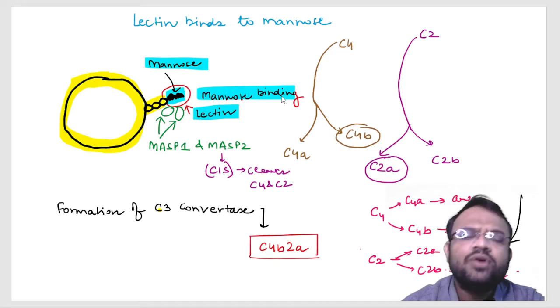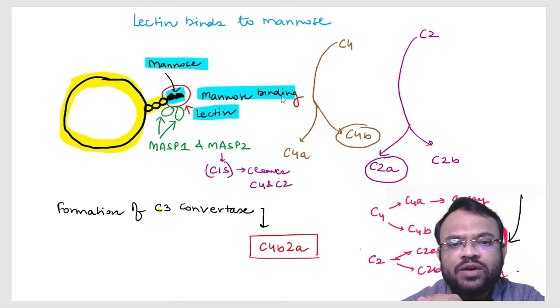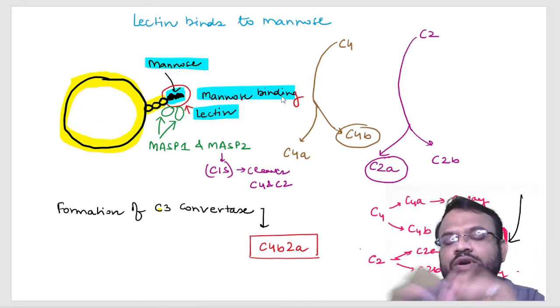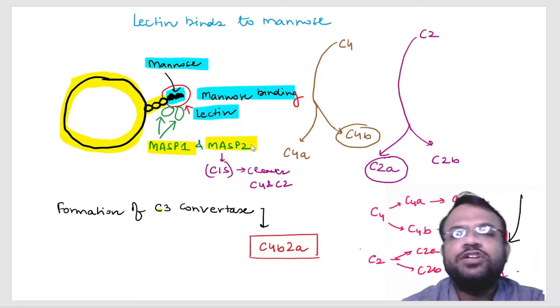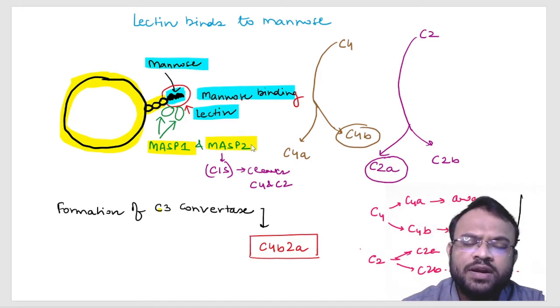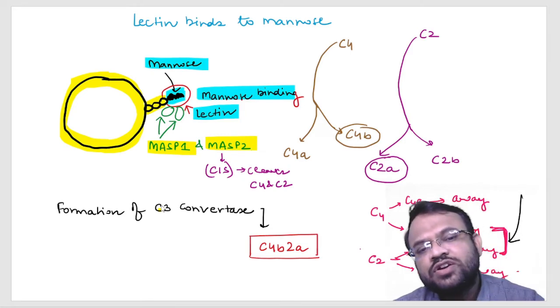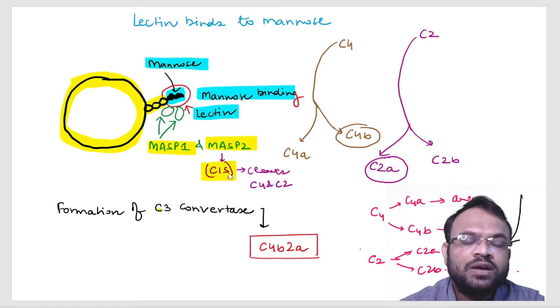Now apart from the mannose binding lectin, two other proteins come to the aid. These proteins are MASP1 and MASP2. Now MASP2 is actually just similar to C1s, the same C1s that you had just seen in the classical pathway.